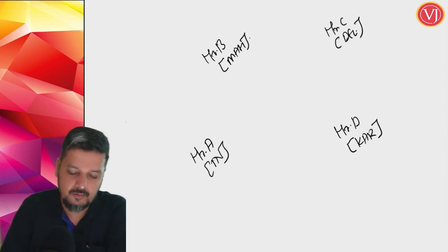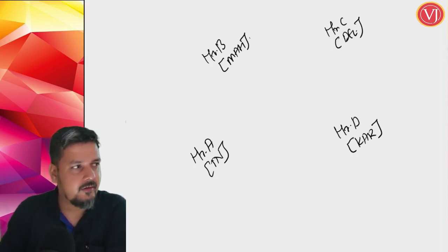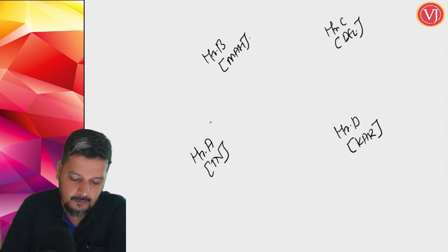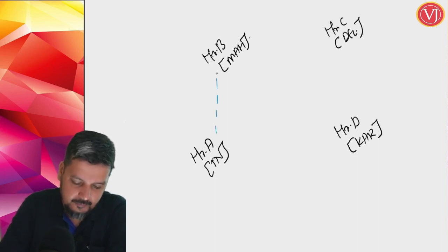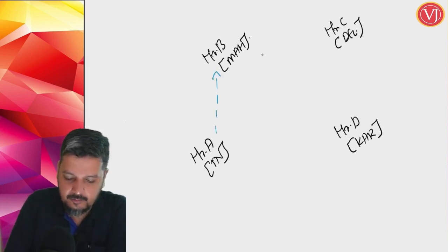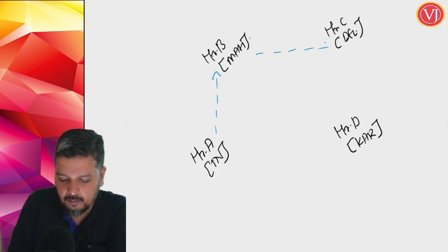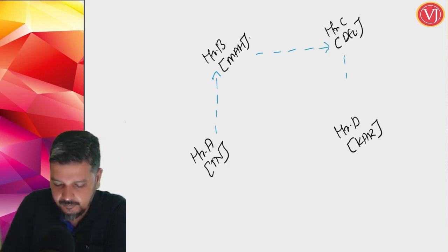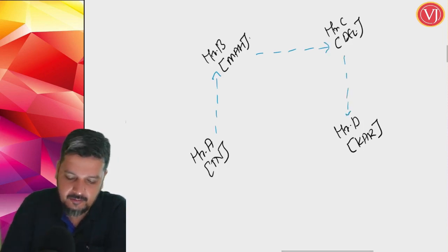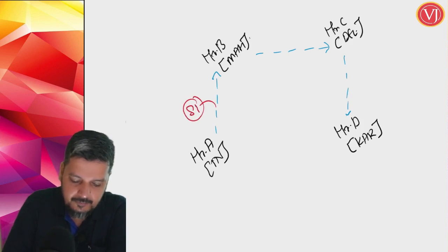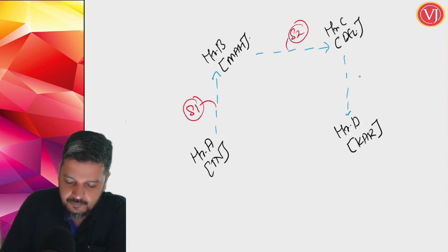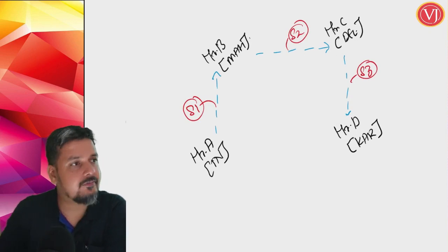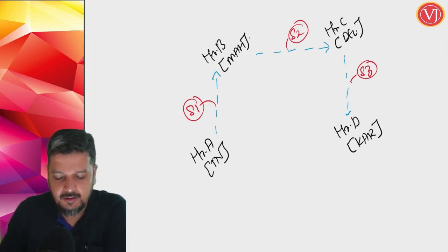It's goods, right? Now, how many contracts are there totally? No, 4. There's no connection between A and D. There are three supplies: supply 1, supply 2, supply 3. Clear?